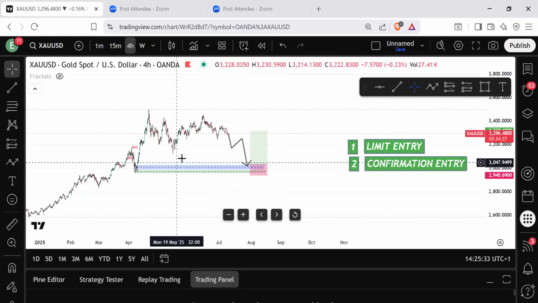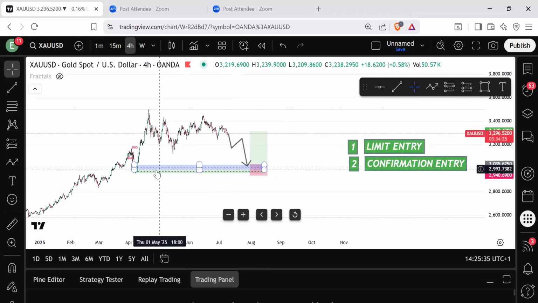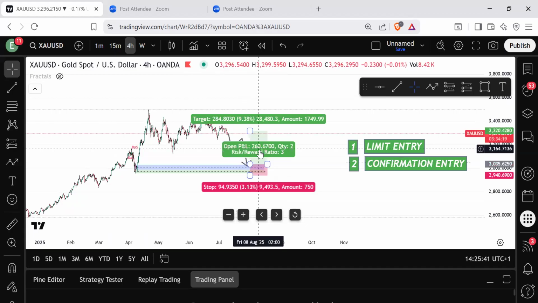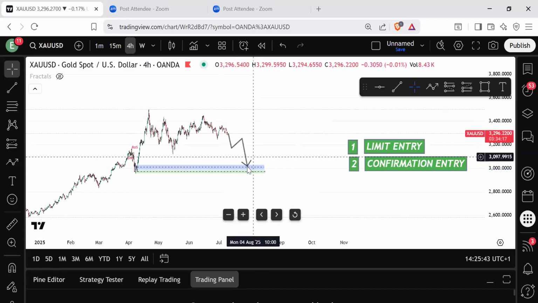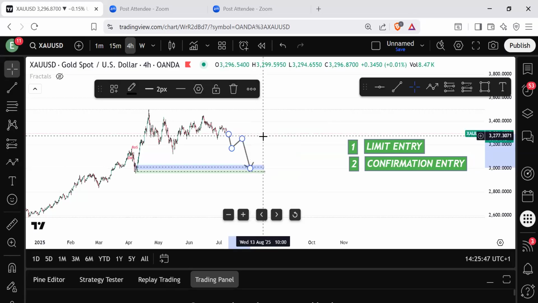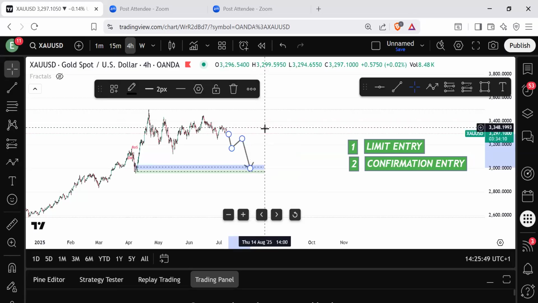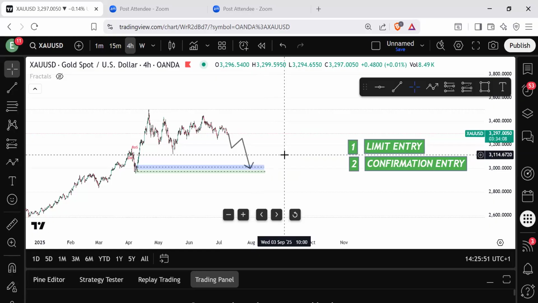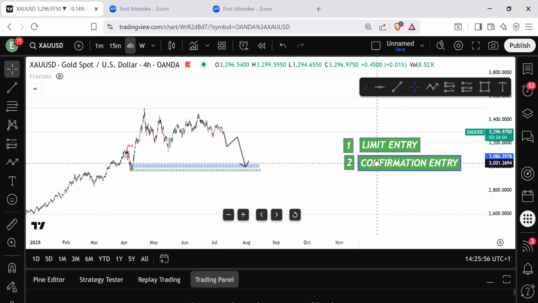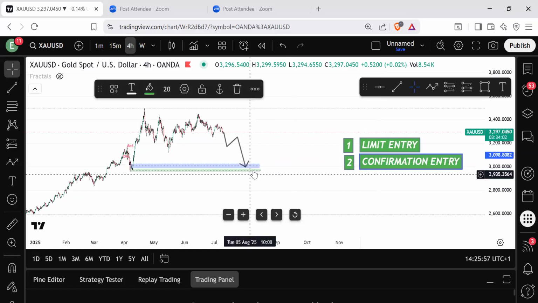So in this case now, let's say in the daily time frame, when price comes back to the zone, now switch to the 1 hour. I see. And will that happen only after it touches the zone?